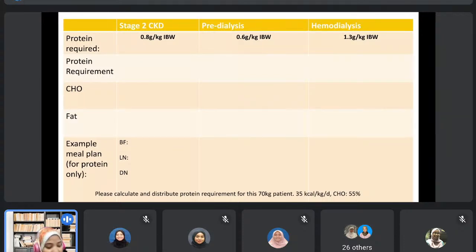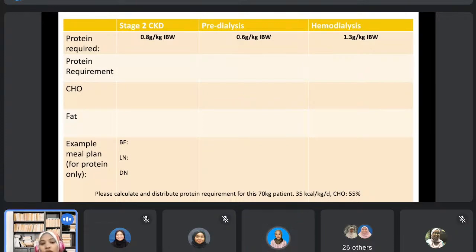Aina Nadra, can you please help your friend and present what you have? Saya guna exchange. You guna apa? Exchange. So kalau macam breakfast tu boleh ambil egg sandwich, consists of 1 to 2 medium egg.